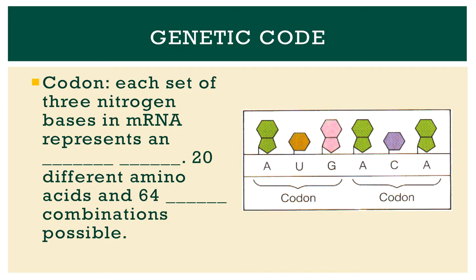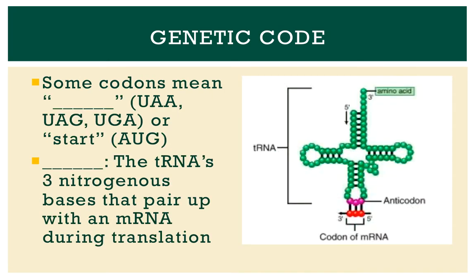There are certain codons which repeat for certain amino acids. Some codons mean stop, and the stop codons are UAA, UAG, or UGA. And then there are also codons that tell the ribosomes to start.